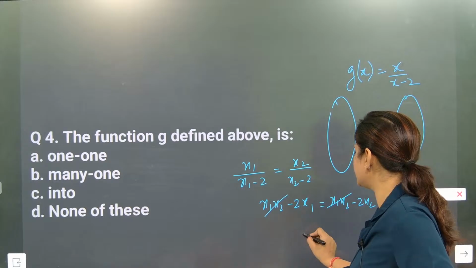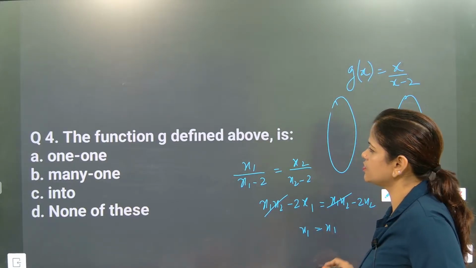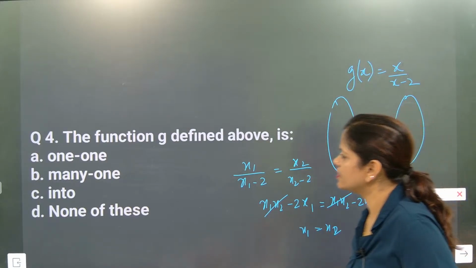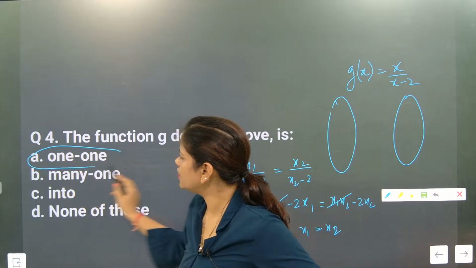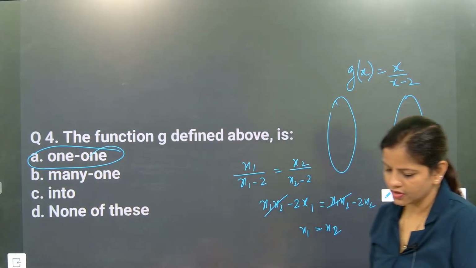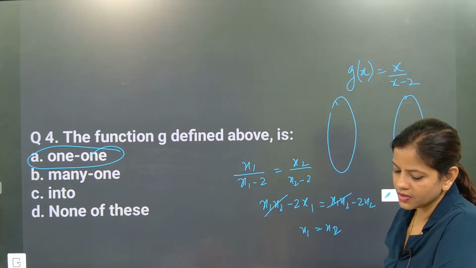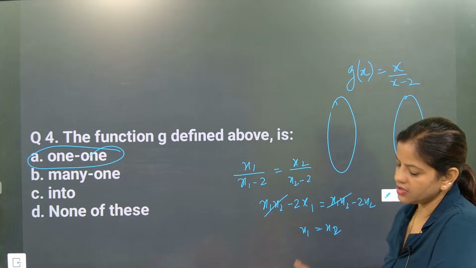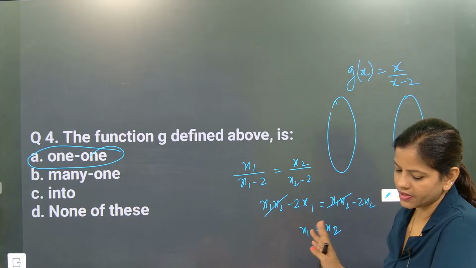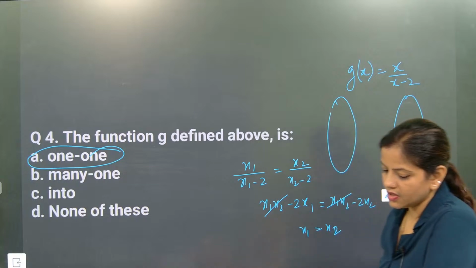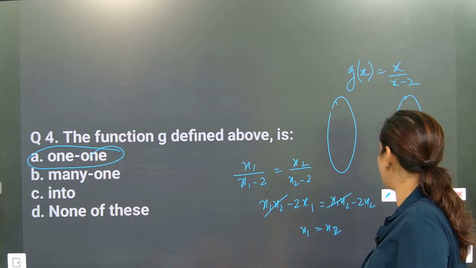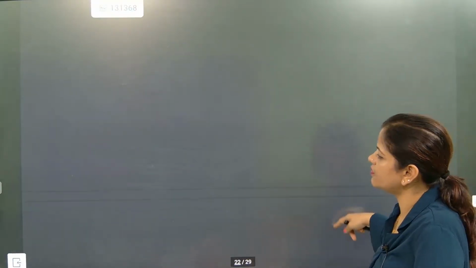This and this get cancelled, so x1 is equal to x2. So definitely it is a one-one function. Understood? That's the most important thing. A will become the correct statement. It will become a one-one function. So the easy way we have solved. It is going to be a one-one function.